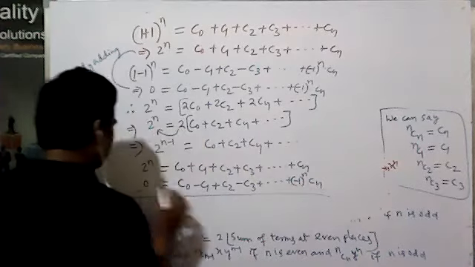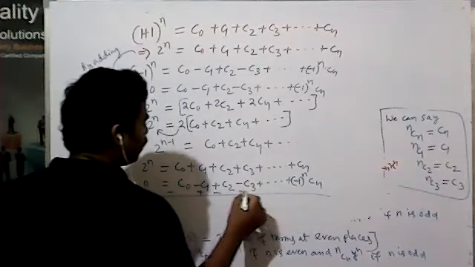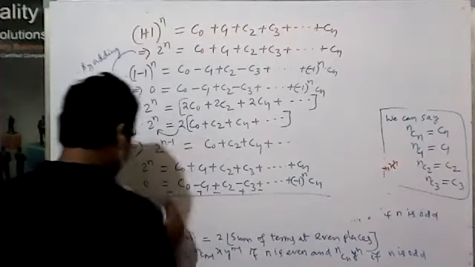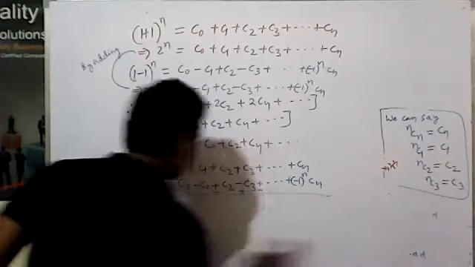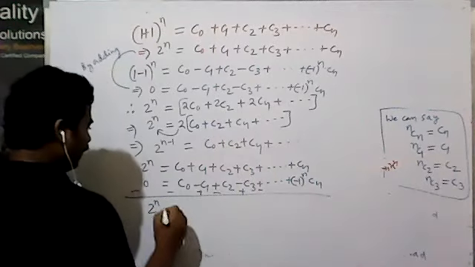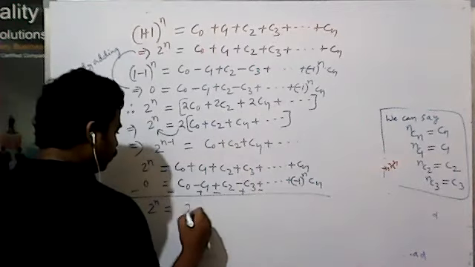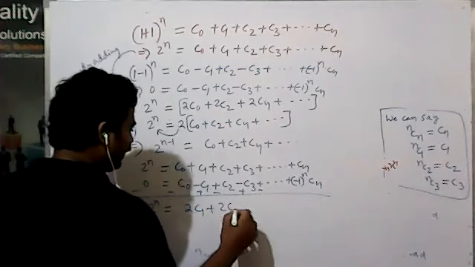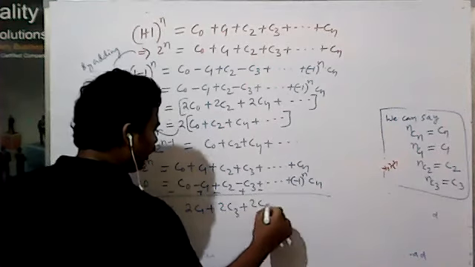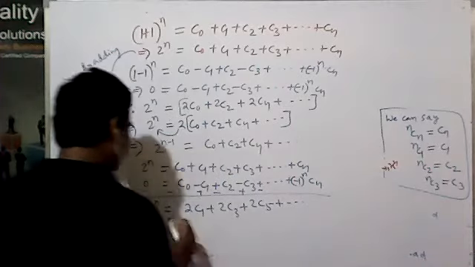By subtracting, what value will come? Here 2 to the power n, that means here 2C1, 2C3, 2C5 dot dot dot value will come.